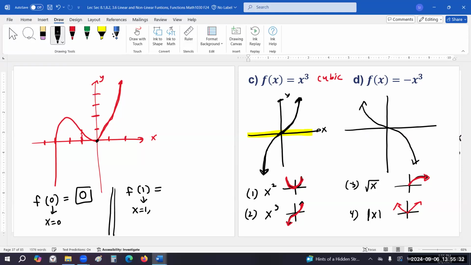So x is 1. When x is 1 here, what's the y value you see? You go to the graph and suppose this is 1. It's not exactly, but suppose. So we found our y is 1, right? Are you okay with these two? You understand them, right? Okay.